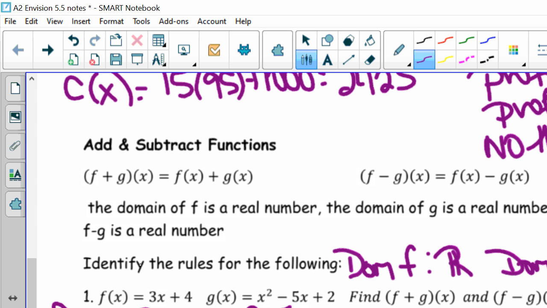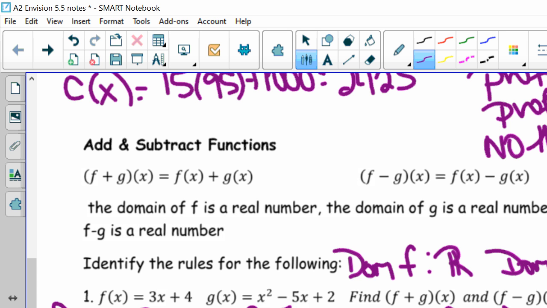Now let's find f minus g of x. Again, I start out with f, 3x plus 4, minus, and I'm subtracting all of g, so I'm going to put all of g in parentheses: x squared minus 5x plus 2. I'm going to distribute my negative, my subtraction sign, in my parentheses.